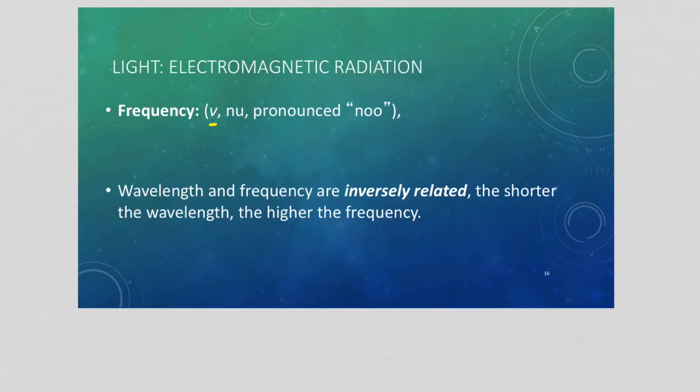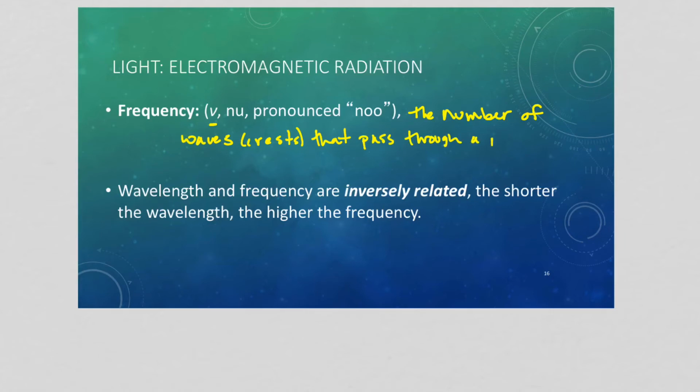And the frequency is the number of waves, what we might call crests, that pass through a point in 1 second. Sometimes these are called cycles.